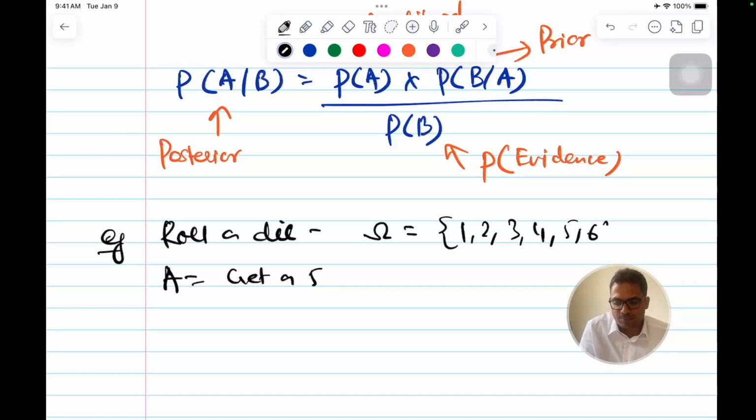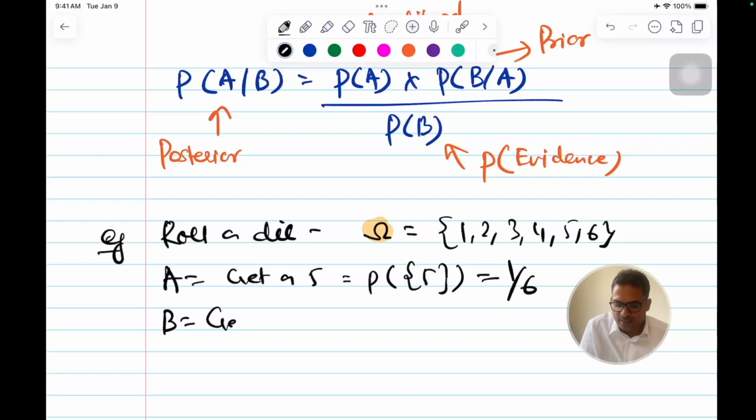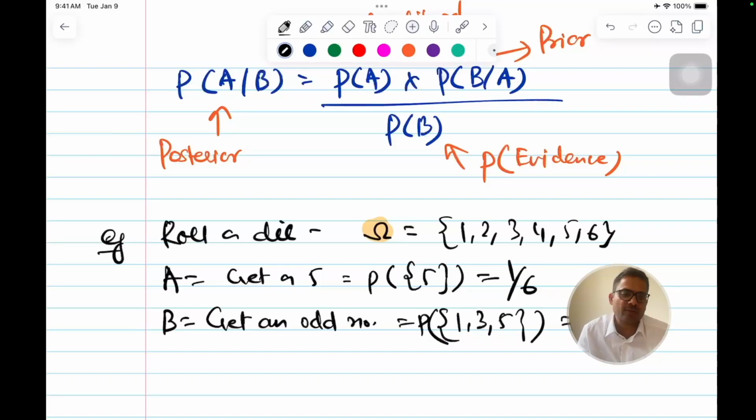Sample space is denoted by omega. P of getting a 5 will be 1 by 6, and B is the same thing, get an odd number. This is the probability of getting either 1, 3 or 5, and this will be half, because half of the numbers are odd numbers.